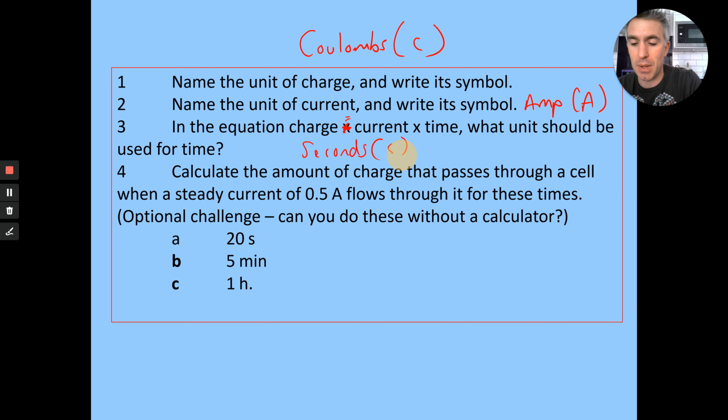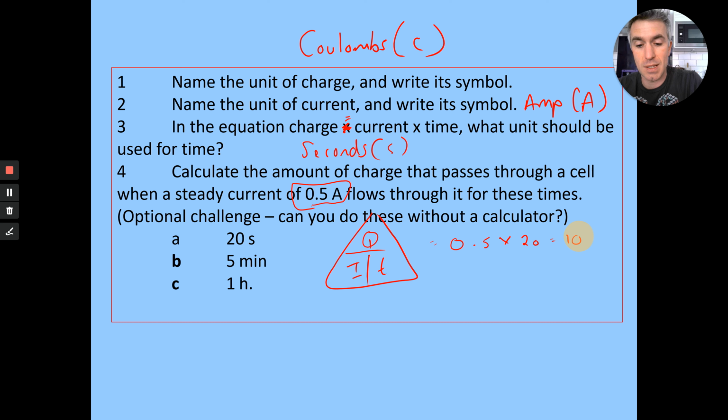And here we have, calculate the amount of charge that passes through a cell when a steady current of 0.5 amps flows through these times. Okay, so it's just as simple as, remember, Q equals I times T. They give us the same current each time, 0.5. The time is the only thing that changes. So the first one is 0.5 times 20, which is 10.